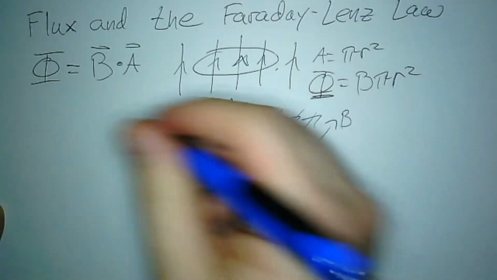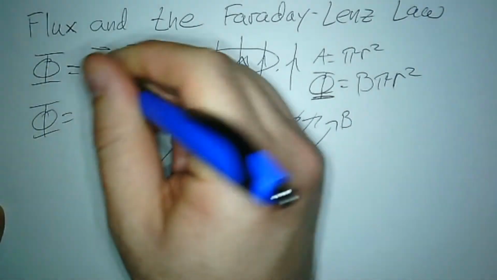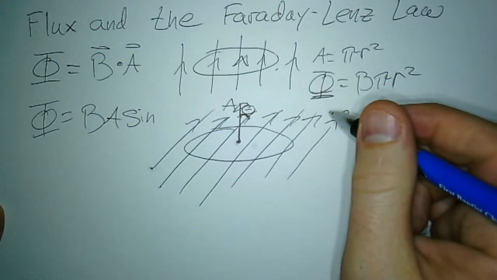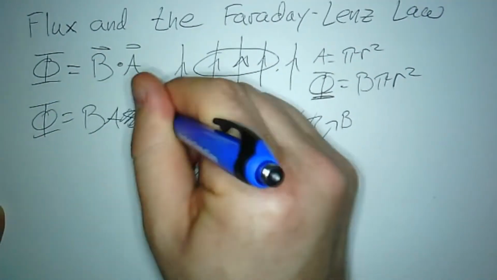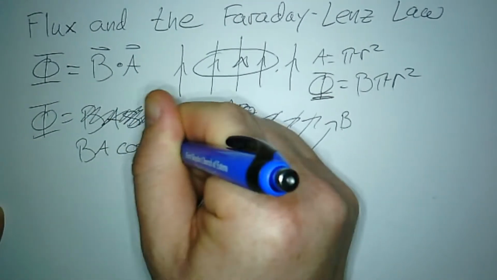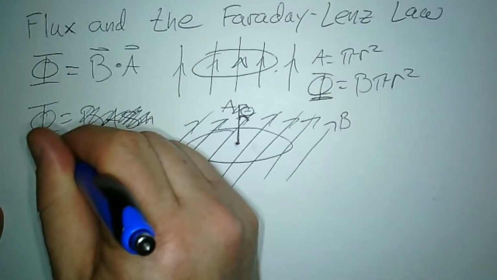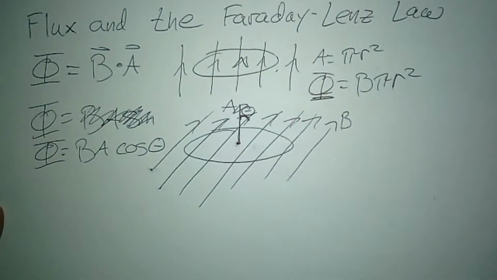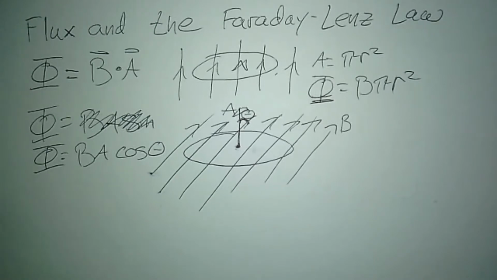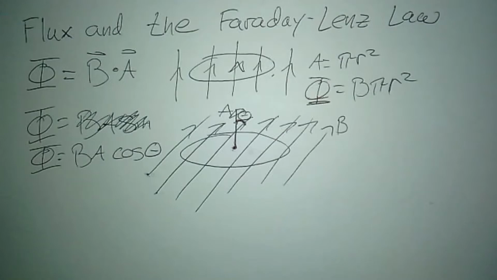If I want to do it without worrying about area vectors, which you're going to do most of the time, it's going to be a cosine of theta, because it's the dot product. I want those two to align as much as possible to get the biggest value. We'll say phi.